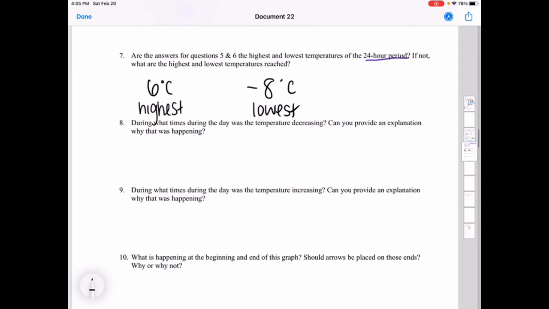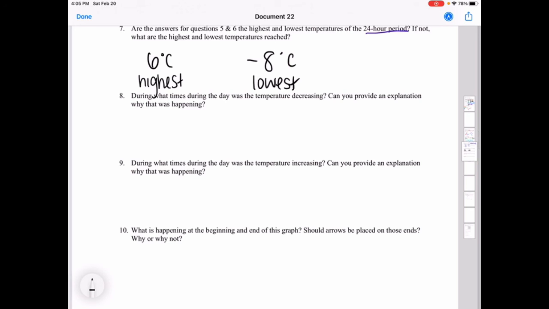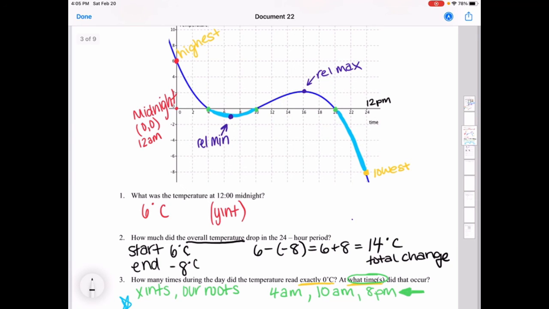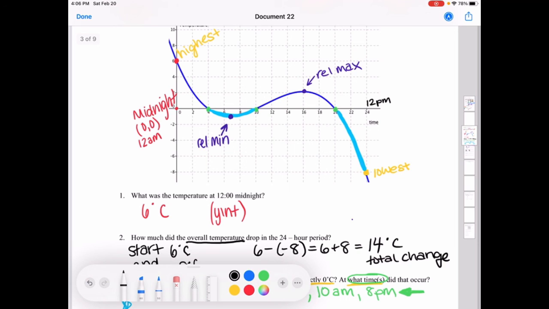Number 8, what times during the day was the temperature decreasing? And then can you provide an explanation as to why that's happening? Well, temperature is decreasing, it's getting colder, and maybe it's the evening, right? We all know that it gets colder as we kind of go later into the day. So you guys can make up your own explanation for that in your own words, but right now I'm going to show where it's decreasing.